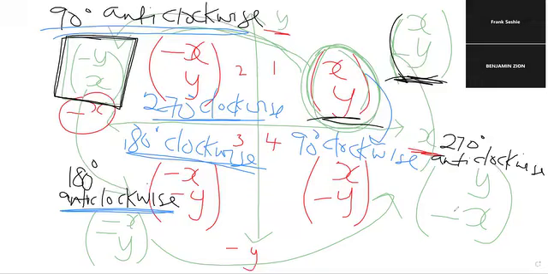Is that okay? Then we have 270 degrees anti-clockwise being the same as 90 degrees clockwise.